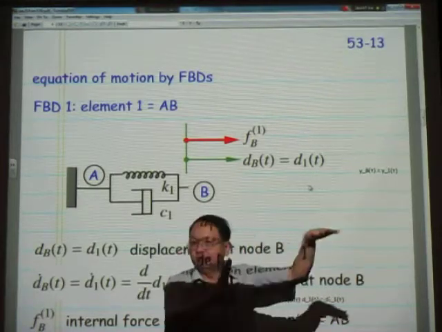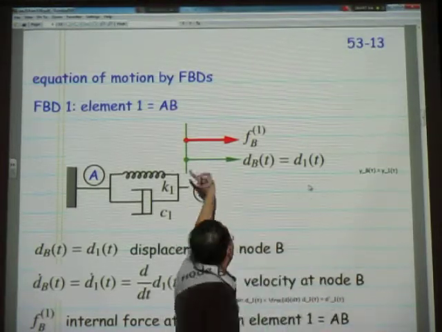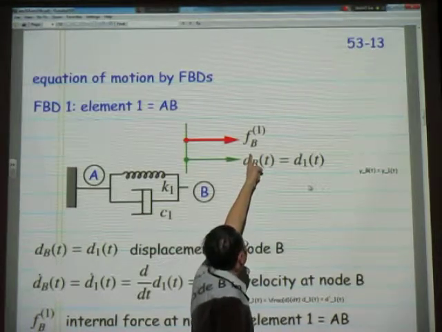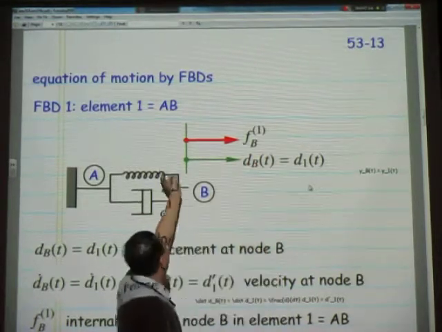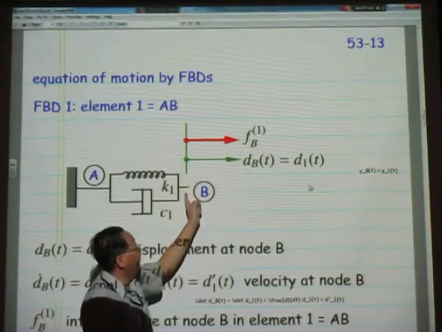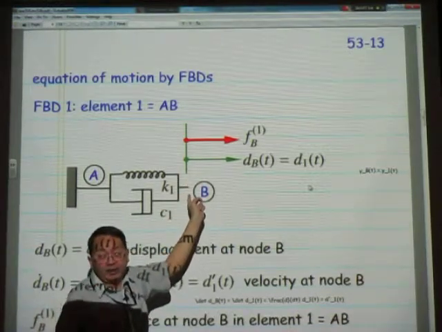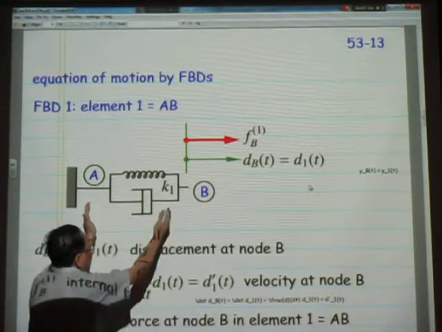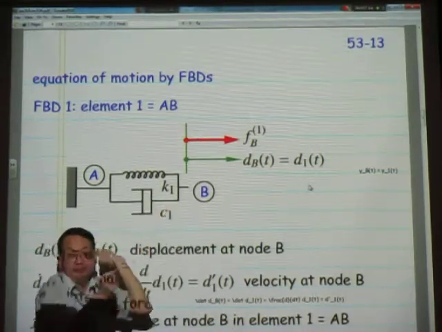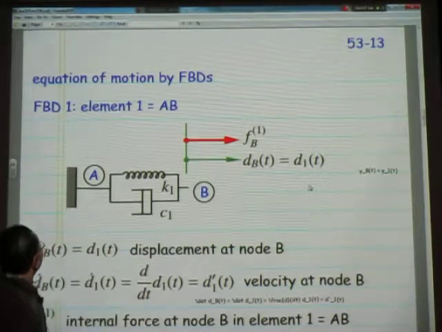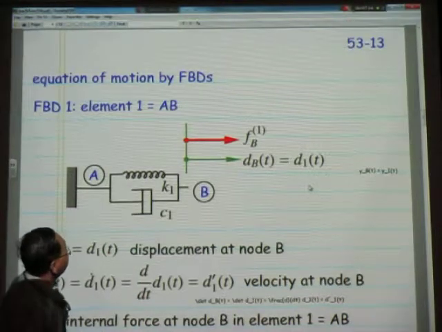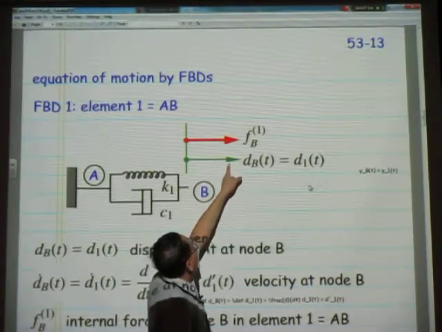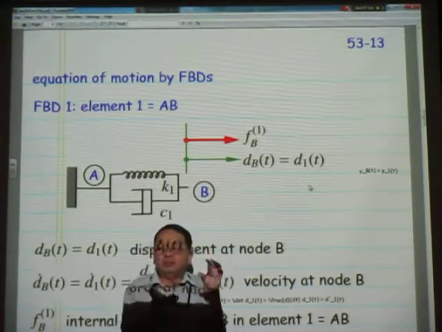This is only one dimension, so only one internal force, written as F sub B. The subscript B designates that this internal force is sitting on the cut at point B. The superscript 1 belongs to element 1. That's the notation.